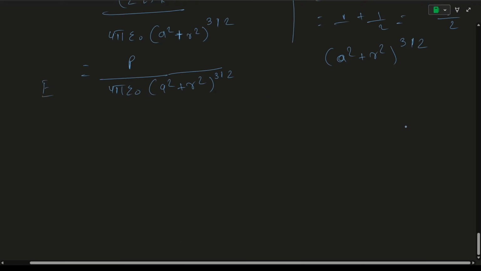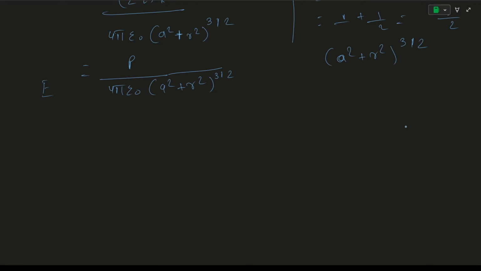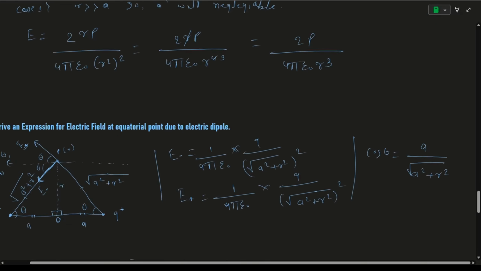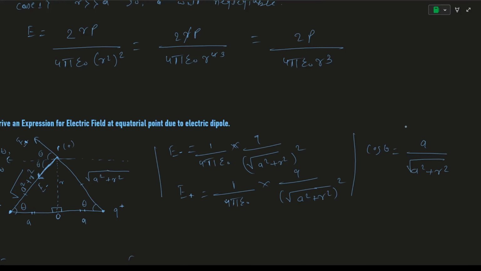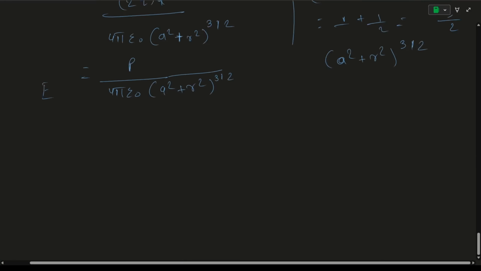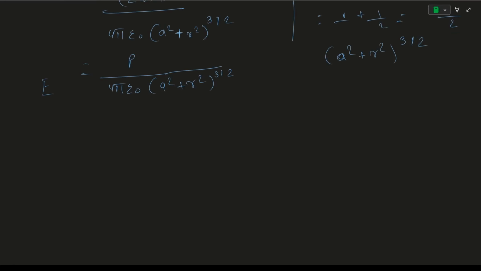So this is the electric field at equatorial point P, due to this electric dipole at distance r. Okay, so the electric field is this much as we have calculated.